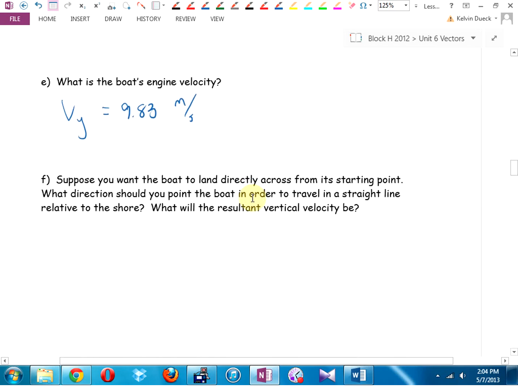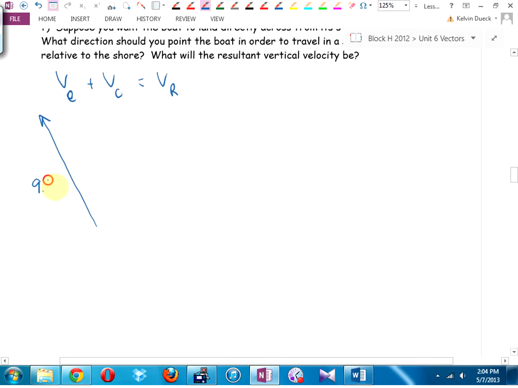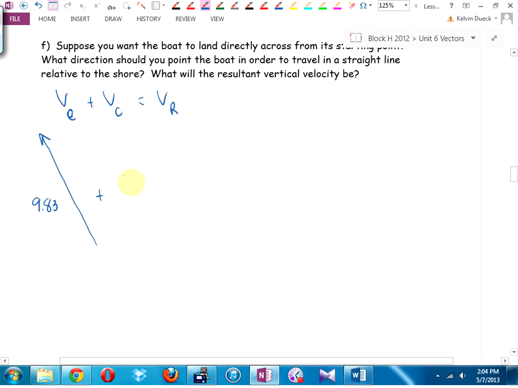Try E and F. Terrible drawing. I think it's going to be slantier than that.